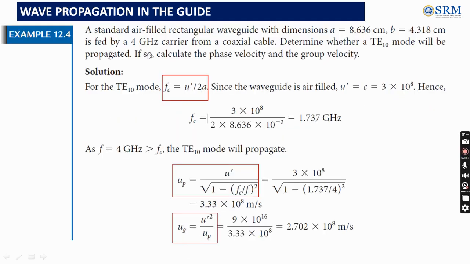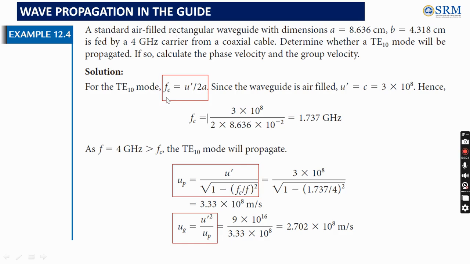Let us see one problem. Here a standard air-filled rectangular waveguide with the given dimensions is fed by a 4 GHz carrier signal from a coaxial cable. We have to find whether the TE10 mode will propagate inside the waveguide, and if so, find the phase velocity and group velocity. Let us check whether this waveguide supports the TE10 mode.